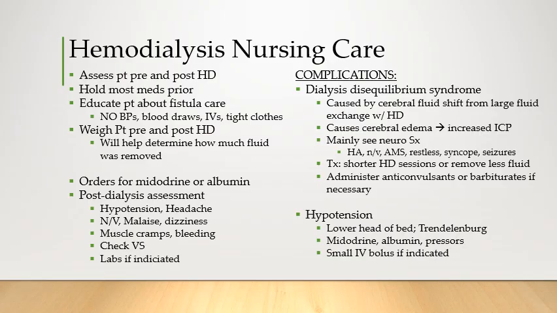If that's the case, we want to put the patient's head down, supine or even Trendelenburg, where the head's below the feet. And we might give small IV boluses if we need to, or we might go ahead and do a pressor to help get that blood pressure back up.